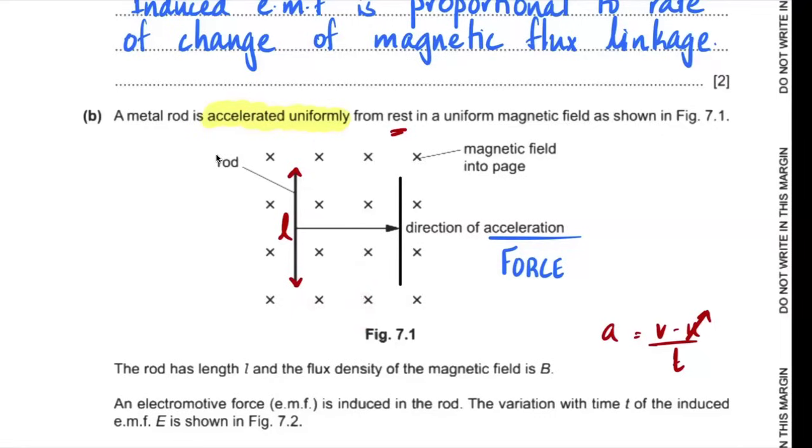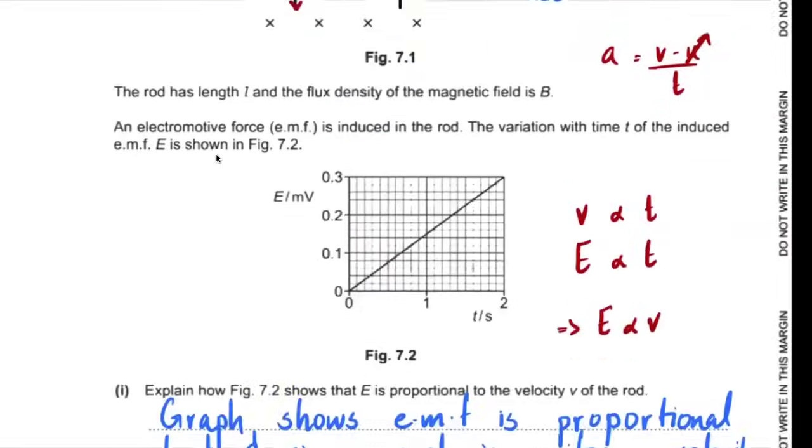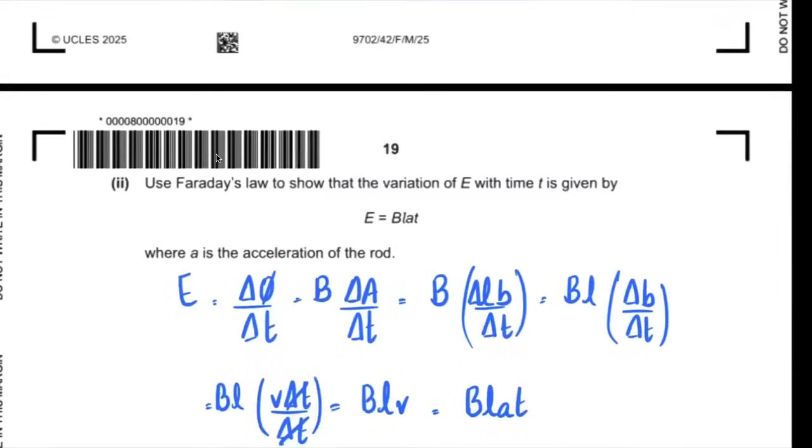So in some time, the distance it covers is v delta t. So again, L was also constant. I can take this outside, so this becomes BL into delta b, which is the breadth, over delta t. And instead of delta b, I can write v delta t over delta t.